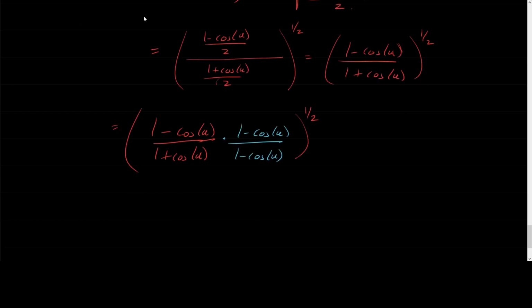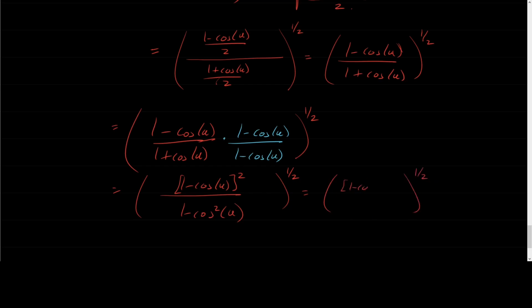And when we do that, what does that give us? We end up with, on top, 1 minus cosine times 1 minus cosine is 1 minus cosine squared. And then at the bottom, 1 plus cosine times 1 minus cosine is 1 minus cosine squared of u, right? But we still have all of this raised to the 1/2. On top, I have 1 minus cosine of u squared.